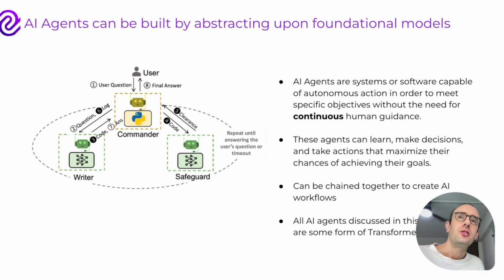These AI agents are basically built by abstracting upon these foundational models, the transformer models. The idea is that by using AI agents, the performance of your transformer model, your large language model, can be improved by connecting different transformer models in a workflow. You can have different configurations.